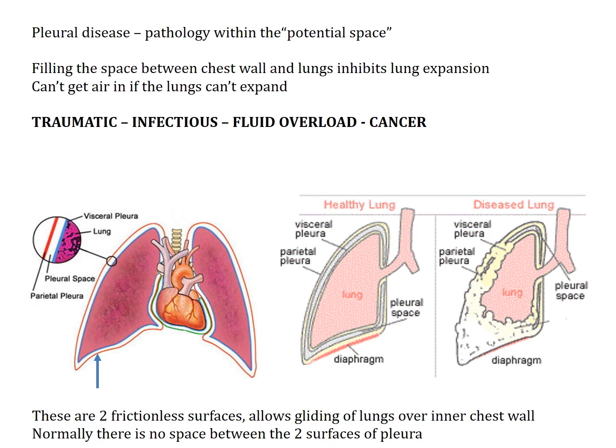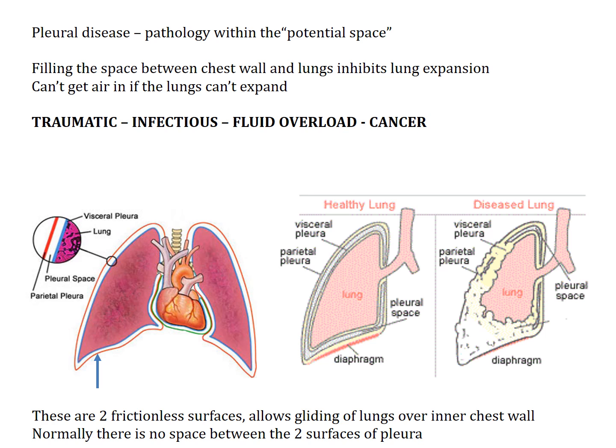And between the two is a potential space. There may be a very, very small amount of fluid in there, but for the most part, there's a potential space. And that visceral and parietal pleura create two frictionless surfaces that allow for nice gliding of lungs over the chest wall.